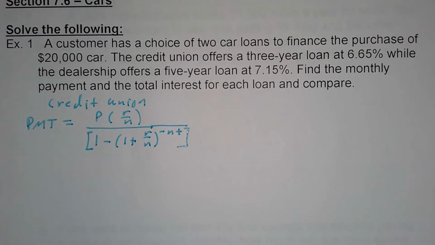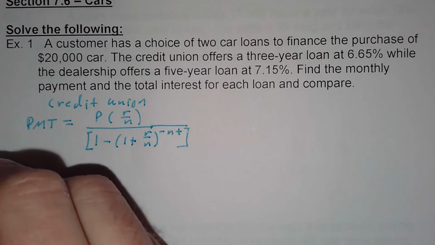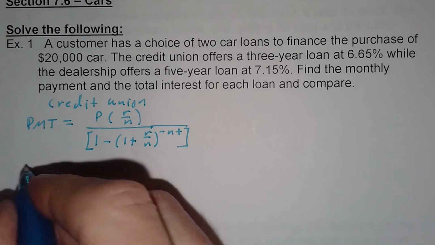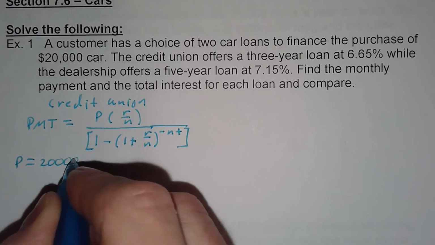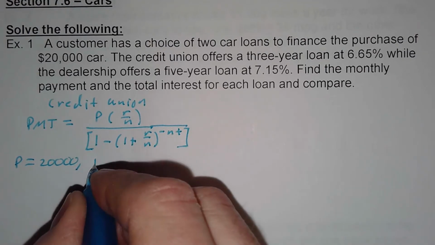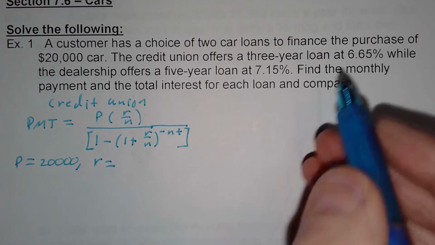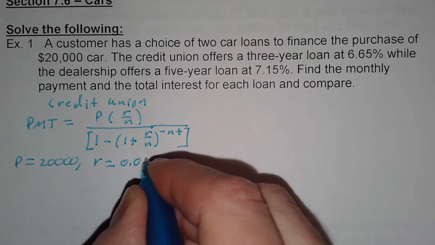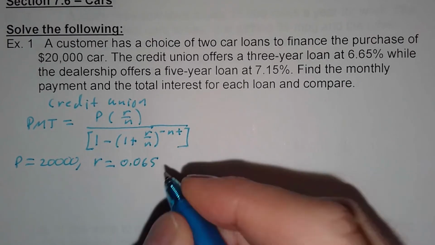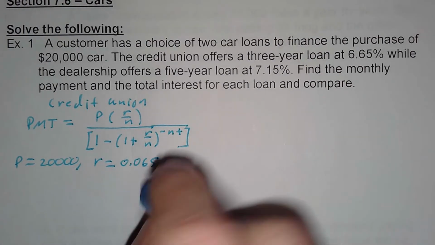Now for the credit union, P here is 20,000. R, we're going to write that as a decimal, 0.065. Okay, left off a 6.